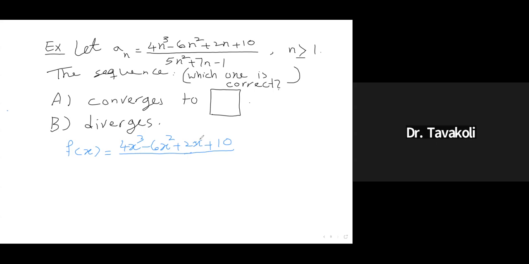It's a continuous function. And at the bottom, 5x squared plus 7x minus 1. Here, this f of x is a continuous function. Now, what is the limit of this continuous function as x tends to infinity? We can use Calculus 1 information and find this.